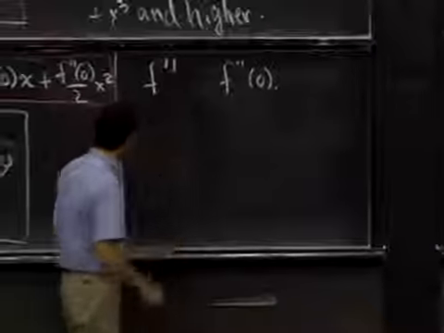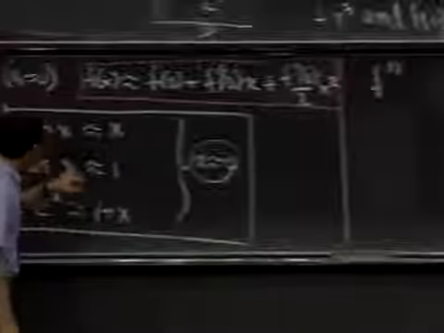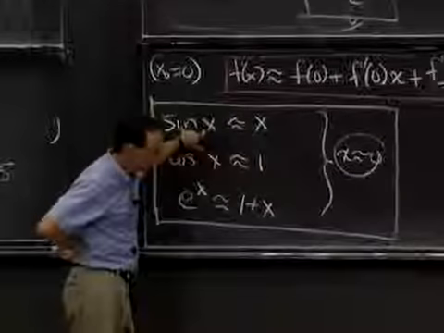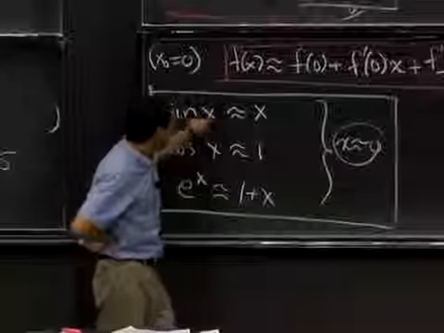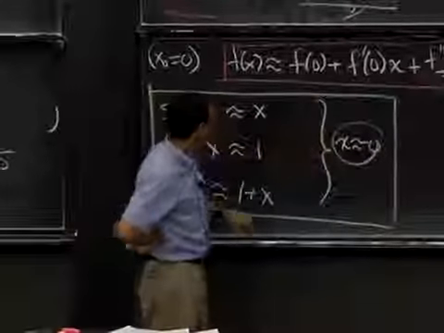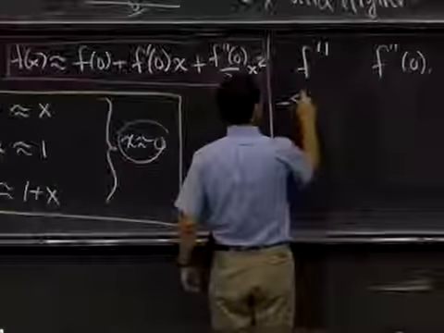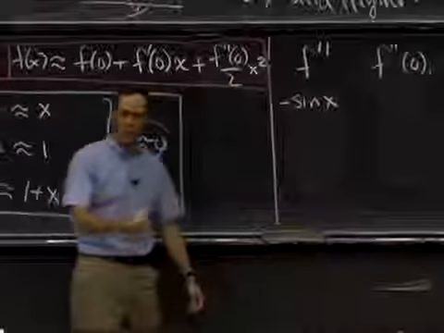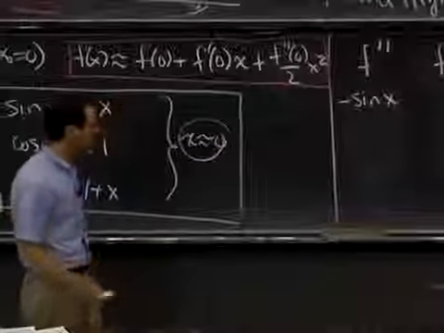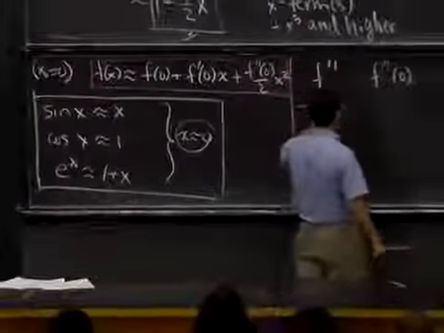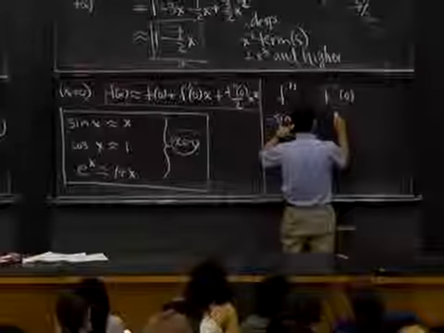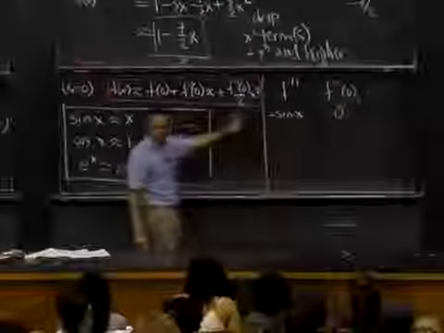All right, so this is what I'm going to need to compute. So if I do it, for example, for the sine function, I already have the linear part. I need this last bit. So I differentiate the sine function twice, and I claim minus the sine function. The first derivative is the cosine, and the derivative of cosine is minus the sine. And when I evaluate it at 0, I get, lo and behold, 0. Sine of 0 is 0.